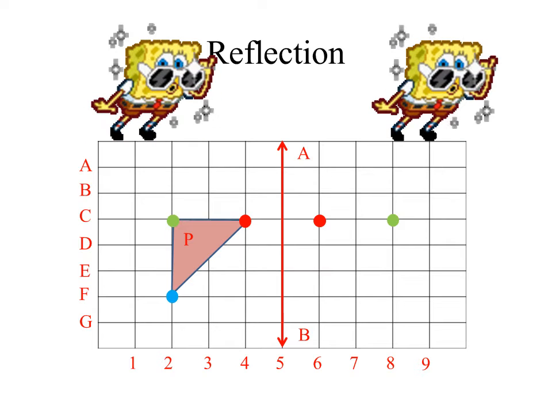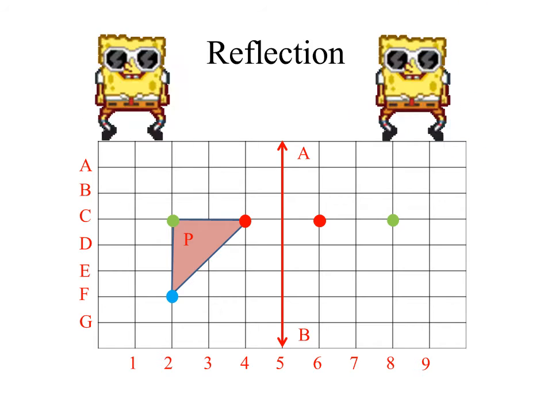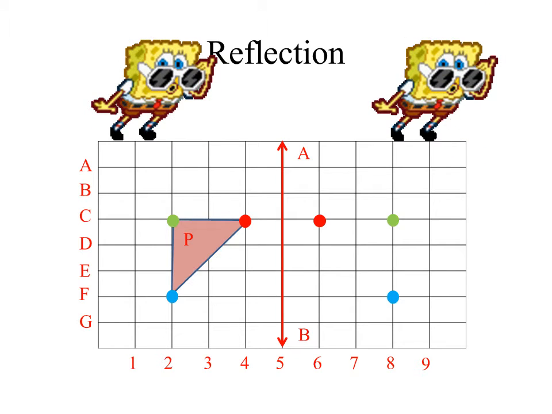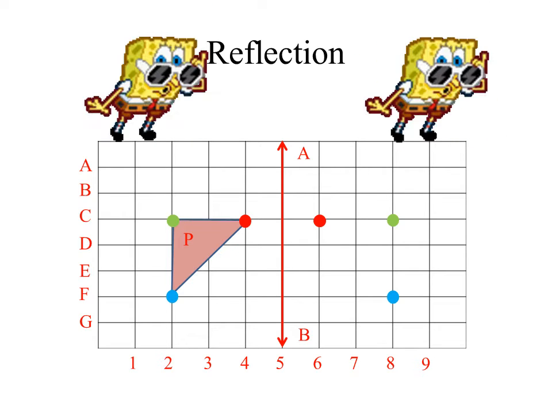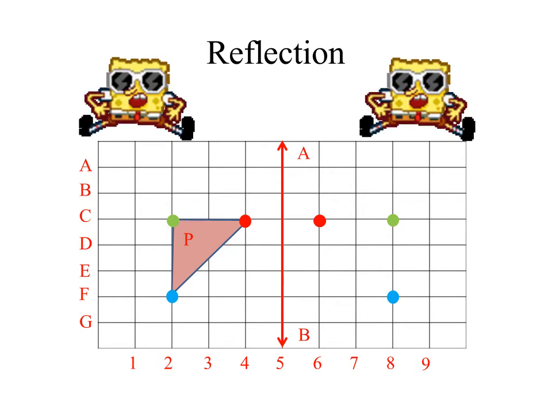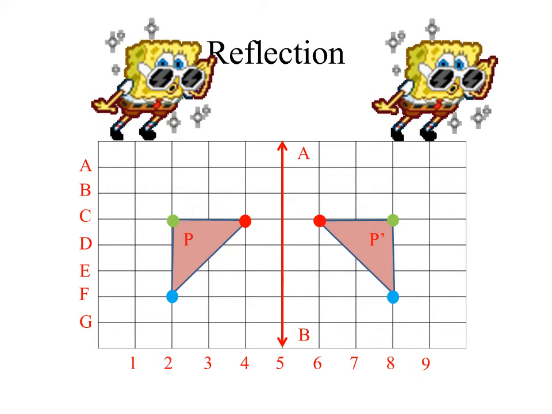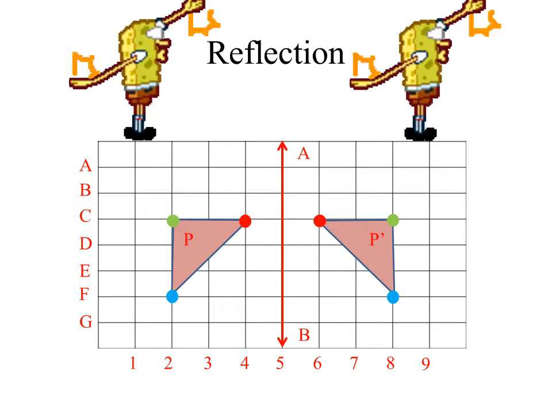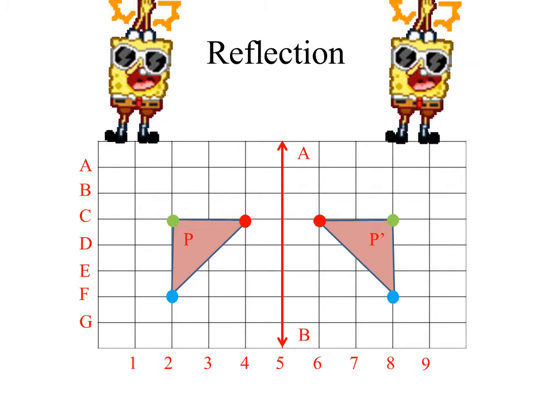Where's that going to fall? If you said F8, you would be correct. It is moving 1, 2, 3 units to our axis of reflection and 1, 2, 3 units beyond. And there we've got our image correctly reflected over our axis of reflection.